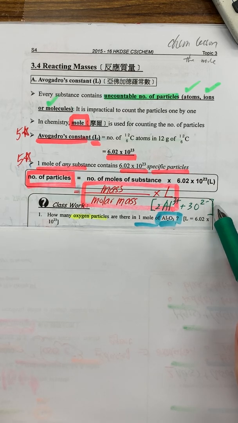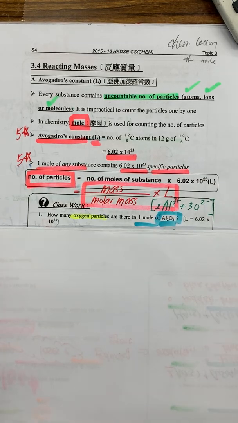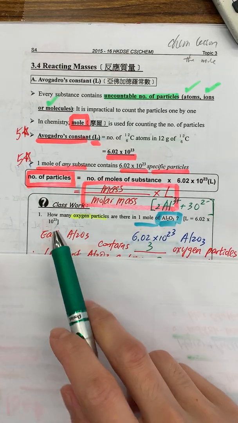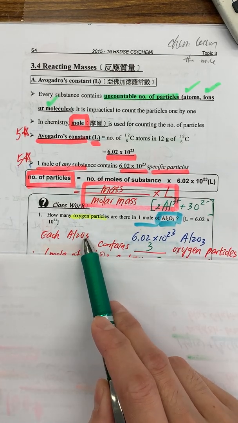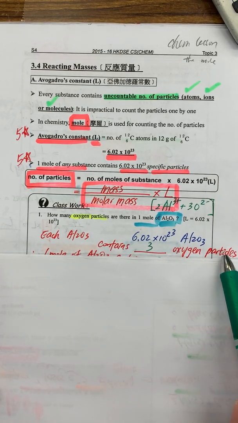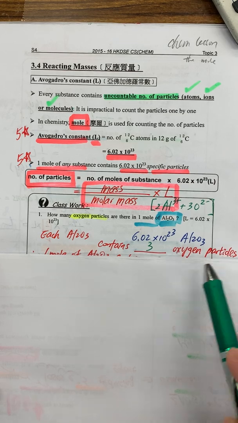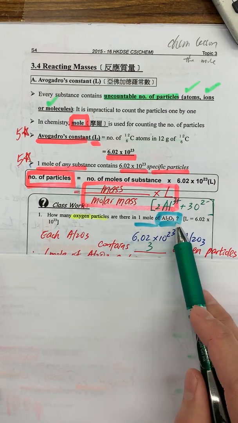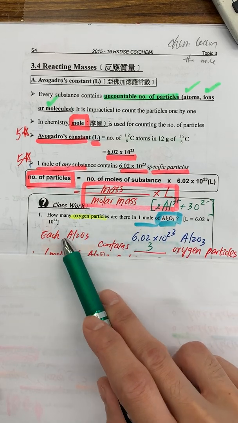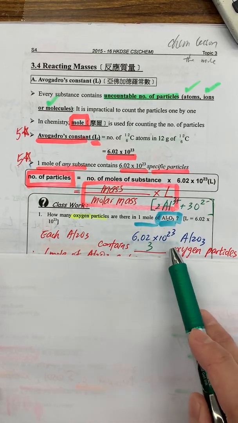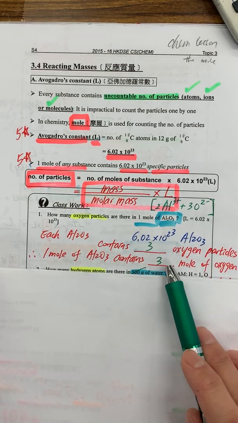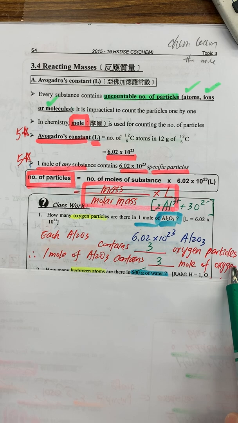It's very common sense. Then if each aluminum oxide contains 3 oxygen particles, how about 1 mole of aluminum oxide? It's easy. It contains 3 mole of oxygen.